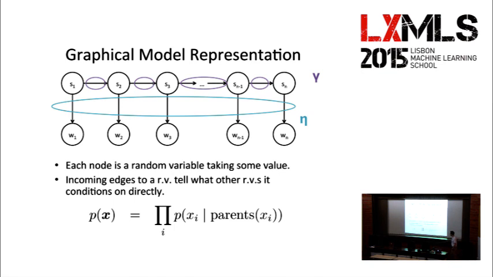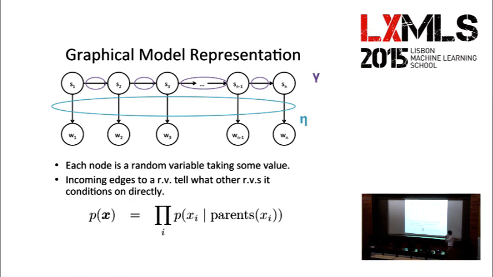It shows you the chain structure. It's sort of an abstract form, and it lets you see how you might generalize HMMs to other kinds of models. So the things that I've circled in purple correspond to the transition probabilities, and the things that I've circled in blue correspond to the emission probabilities, what we've been calling eta.